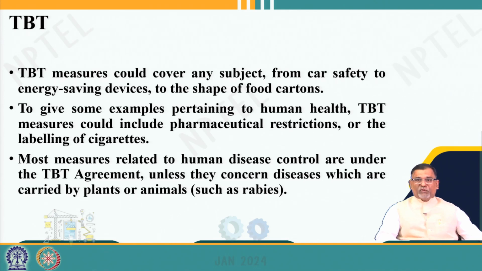The ISI mark for every electric equipment, whether it is a fan or an iron box, is a mandatory standard. At the same time the star marking is a voluntary standard, and it will come under the TBT agreement, along with other standards for pharmaceutical products.